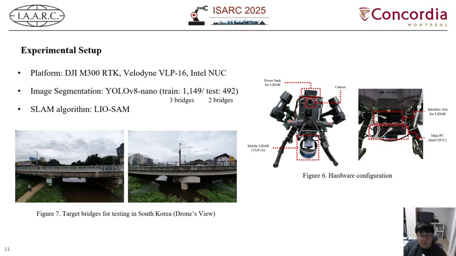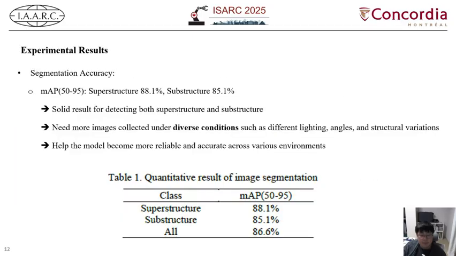After that, we fine-tuned the model using 1,149 training images from 3 bridges and 492 testing images from 2 bridges. For mapping, we used the LIO-SAM algorithm that provides accurate and stable mapping and localization by combining LiDAR data and IMU measurement in real time.